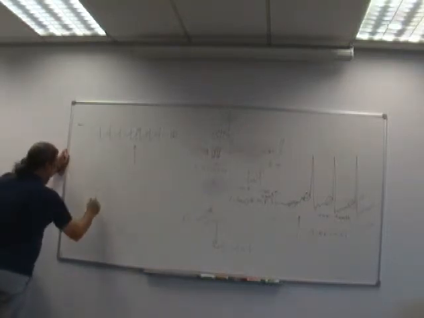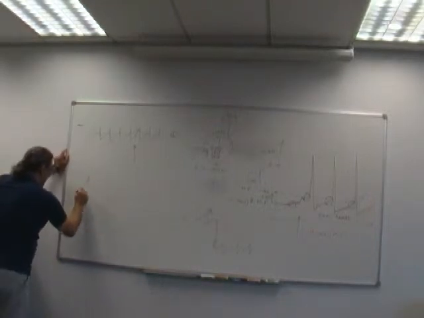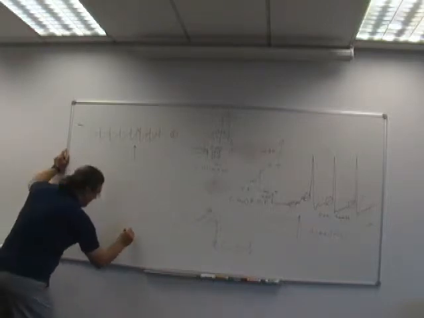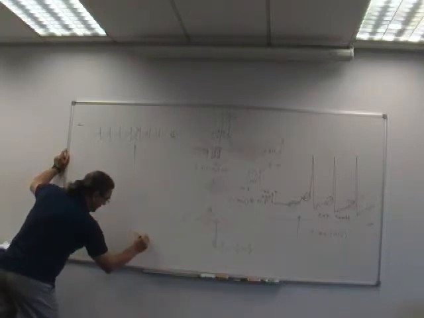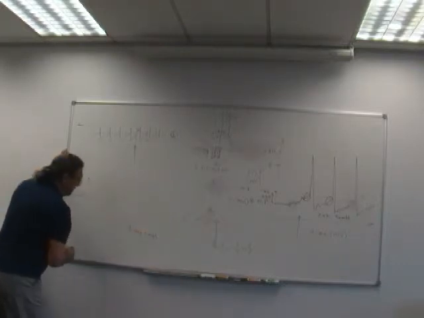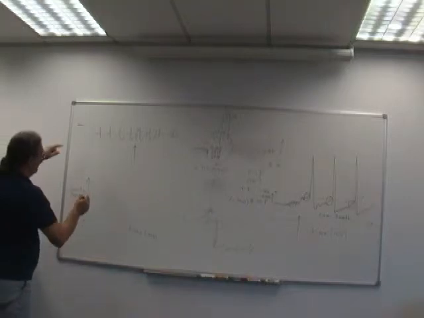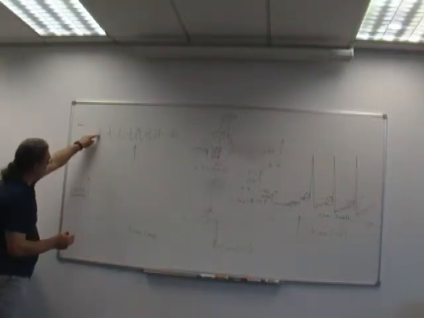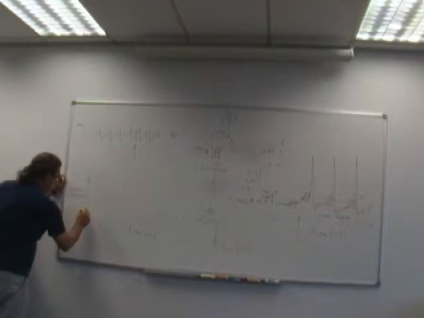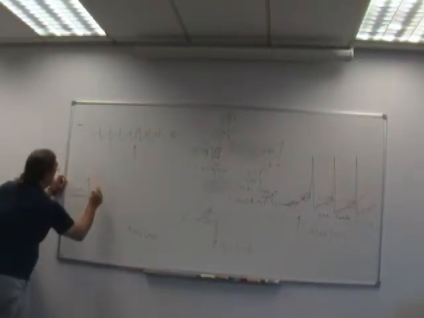Each one of these, this is now counts, number. This is, again, time in milliseconds. So each one of these is acceptance pulses. Let's say this is 1. Drop down here, generated this.